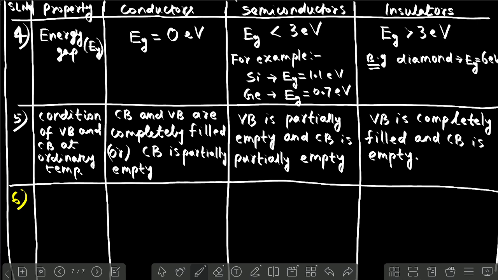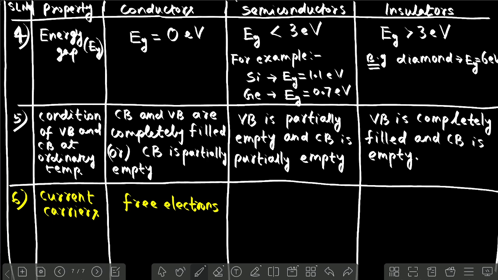Current carriers. What are the current carriers? For conductors, remember, free electrons are the current carriers.